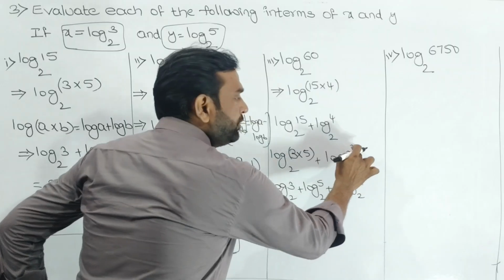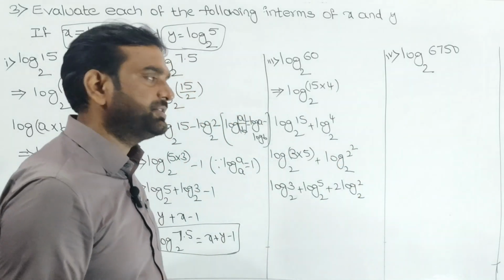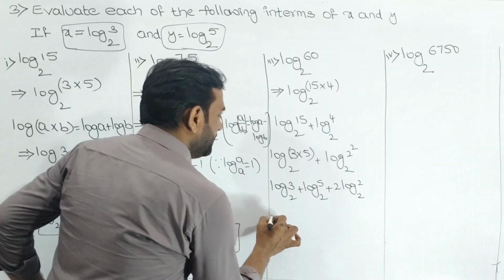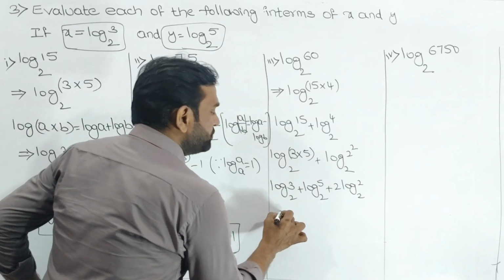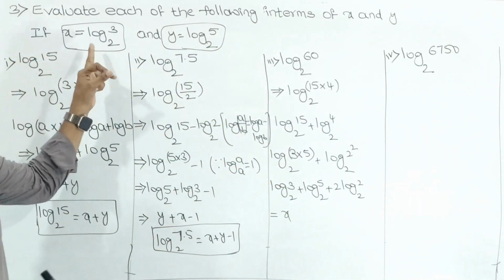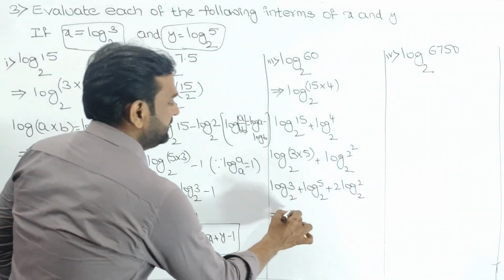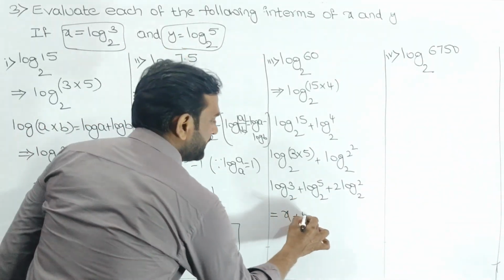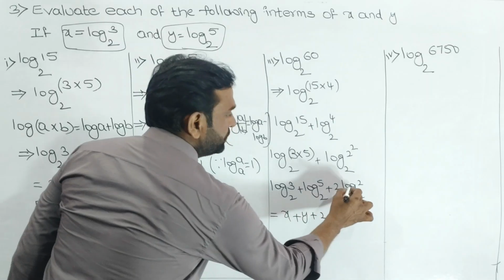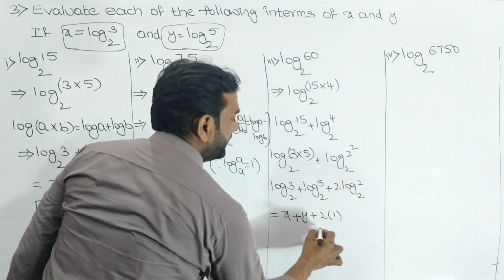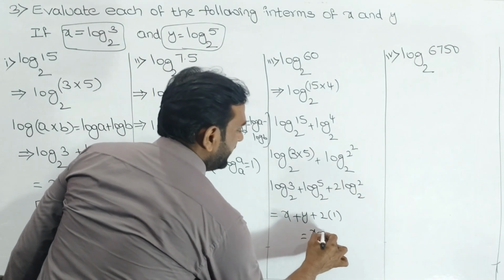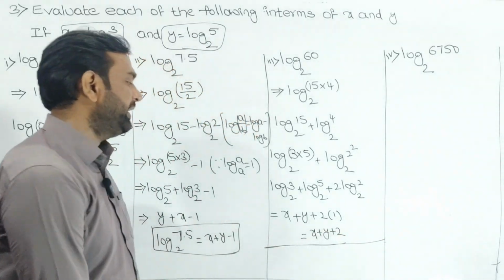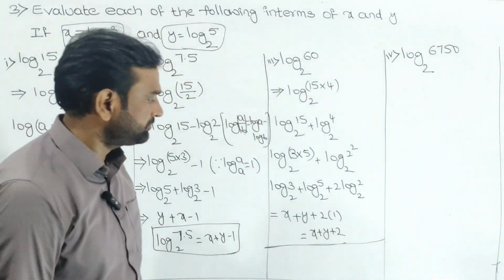Why? Because log a to the power m is nothing but m log a. So, log 2 square is nothing but 2 log 2. Now, log 3 base 2 is given as x, plus log 5 base 2 value is y, plus 2 into log 2 base 2 is 1. Totally we got x plus y plus 2. Okay, x plus y plus 2.